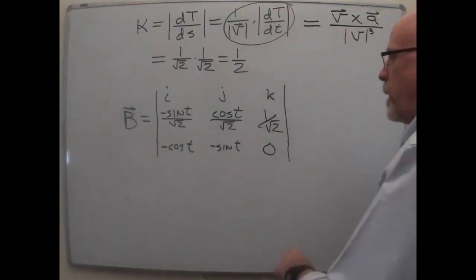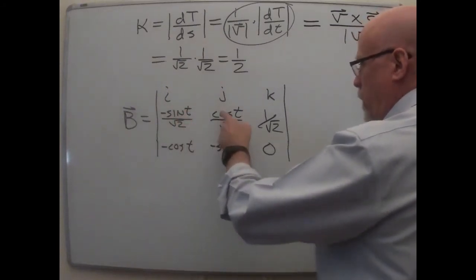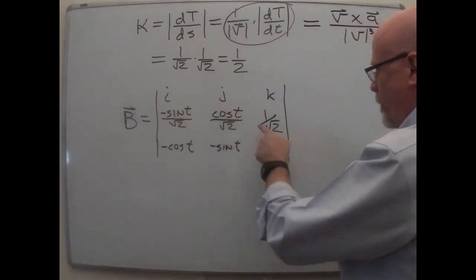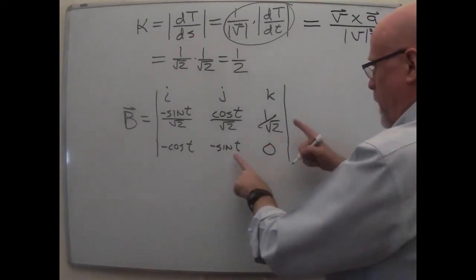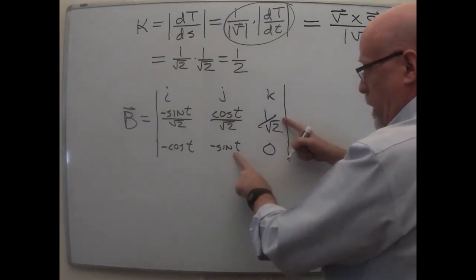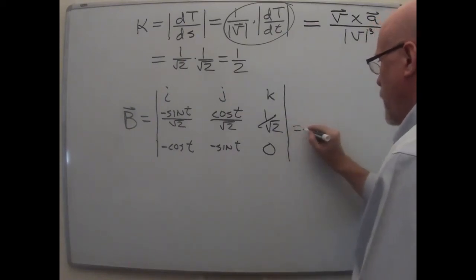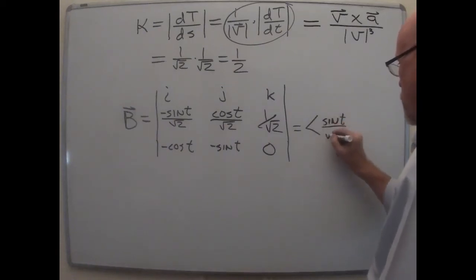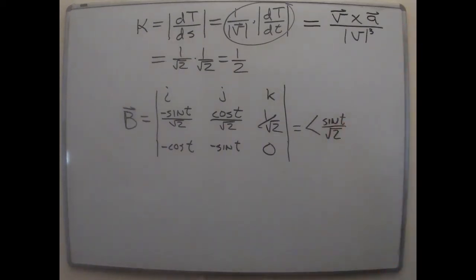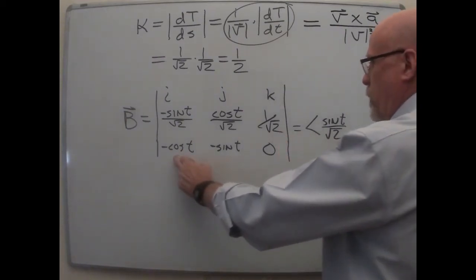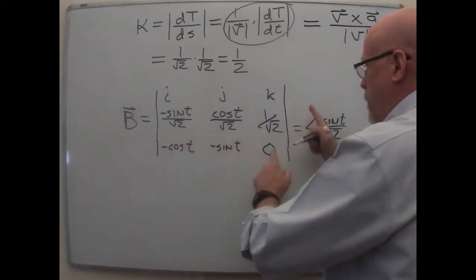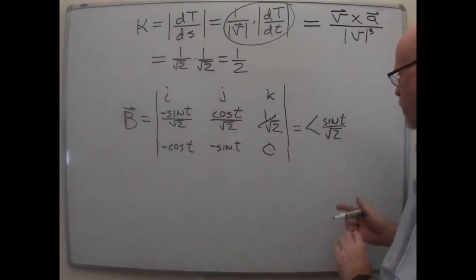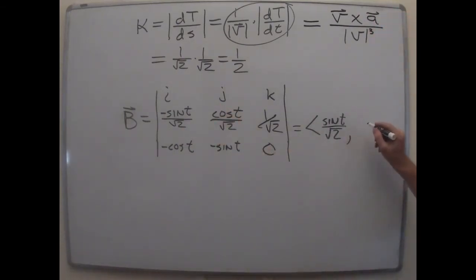Let's see, okay, so the i component is going to be that little x here. Well, this factor times 0, so we don't really need to worry about that. And then it's minus this thing that has a minus sign in it. So I think the x coordinate is sine t over root 2. The y coordinate, it's 1 over root 2 times minus cosine, and then 0 times something, we don't need to worry about. So that is negative cos t over root 2.